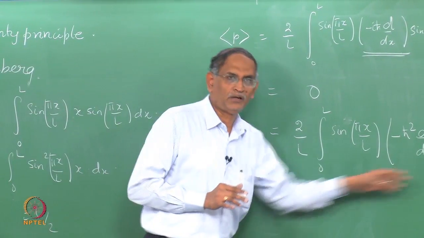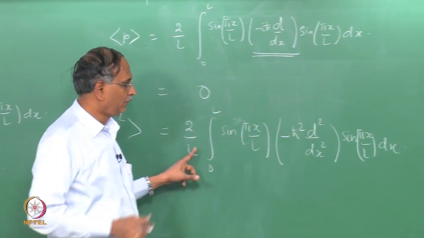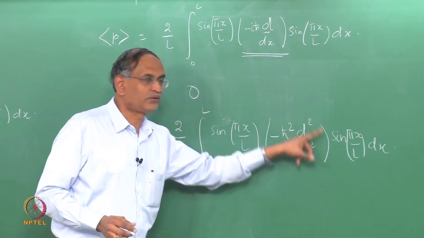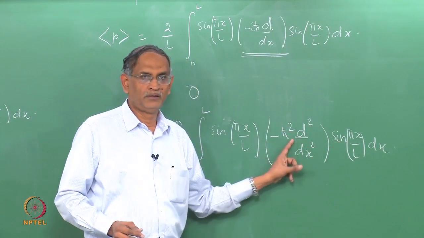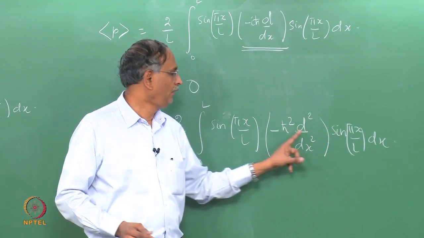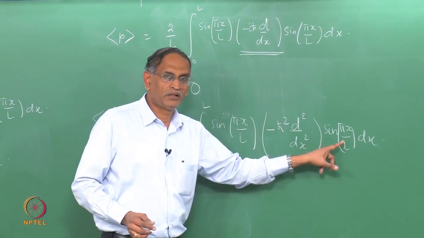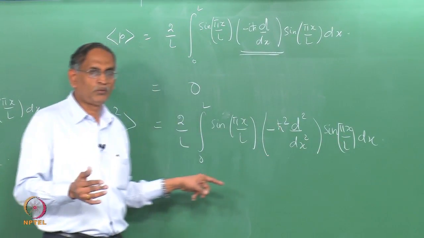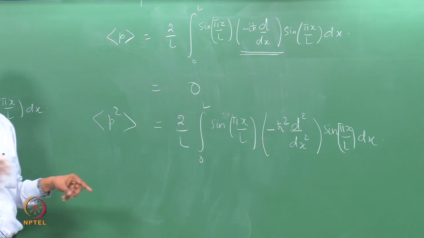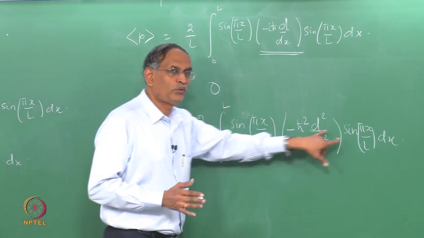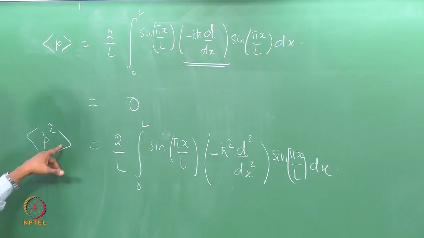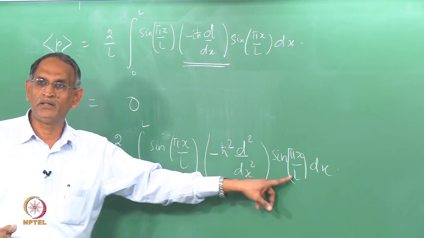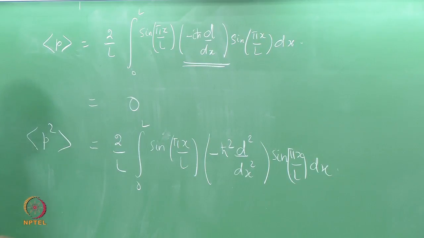Therefore, I did not write the denominator. That is 1. This of course you know is nothing but 2mE, the total energy. This is p squared on the wave function. You remember p squared by 2m on the wave function gave you the E. Therefore, this is 2mE. Therefore, you see that p square is immediately given by the energy that we know.